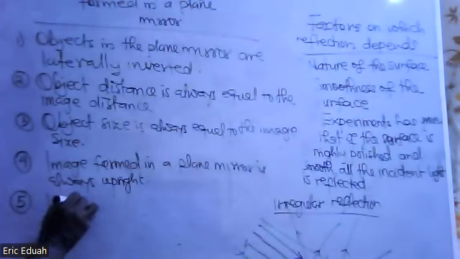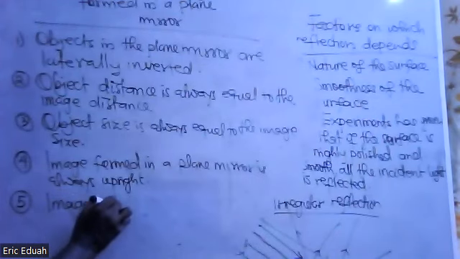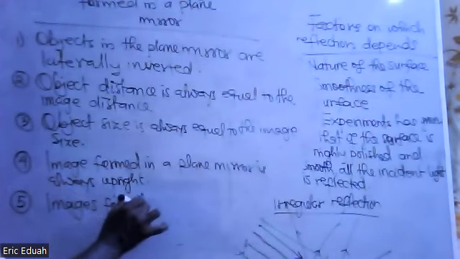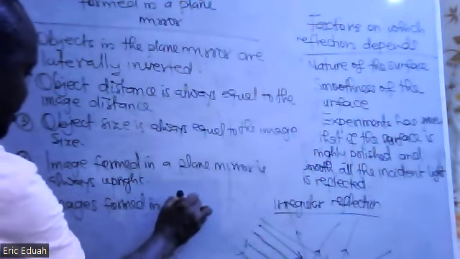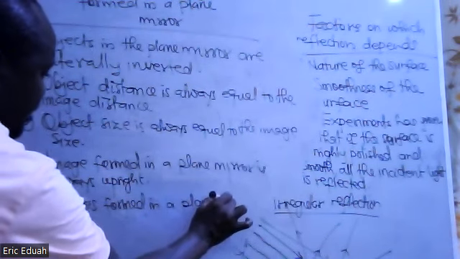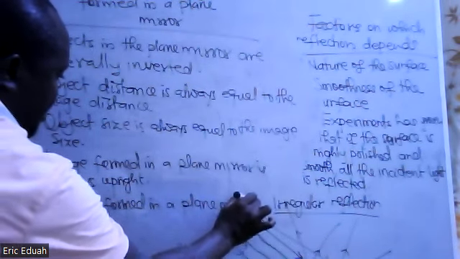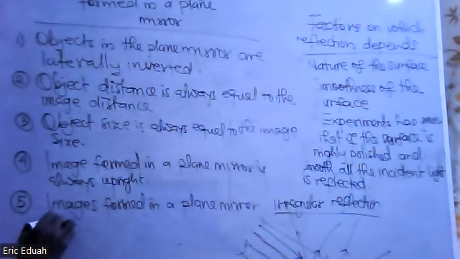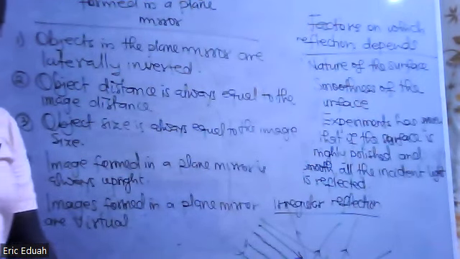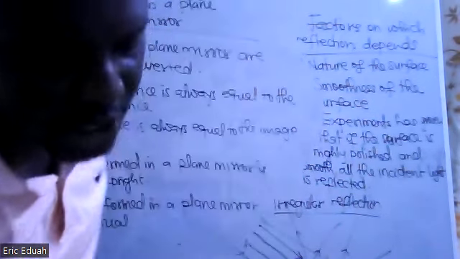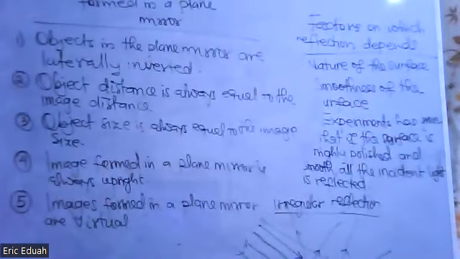So images formed in a plane mirror are virtual. Virtual images cannot be formed on a screen, but real images can always be formed on a screen.